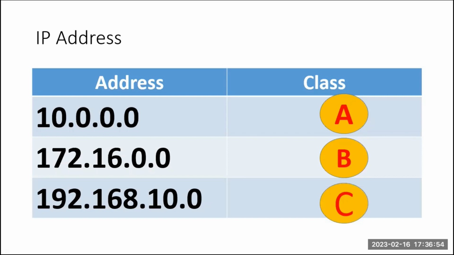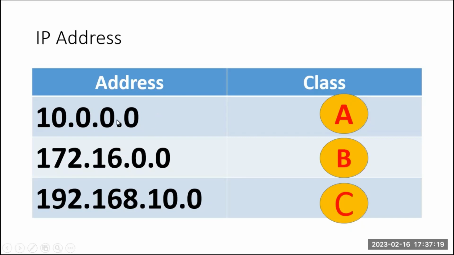All right, yes. So any IP address that you look at, by looking at the first octet, you can tell which class it actually belongs to. What was the range for class C again? 192 to 223. All right, thanks, sir.